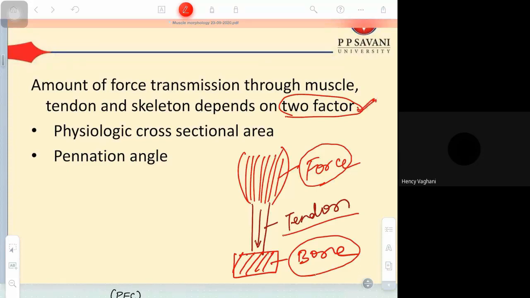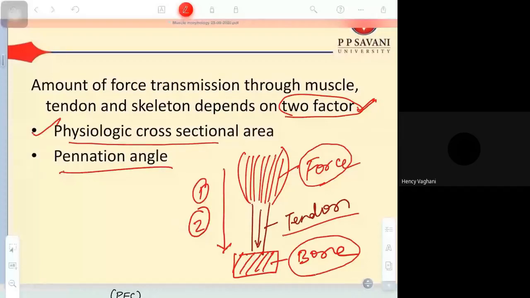One is the physiological cross-sectional area of the muscle and the second is the pennation angle.